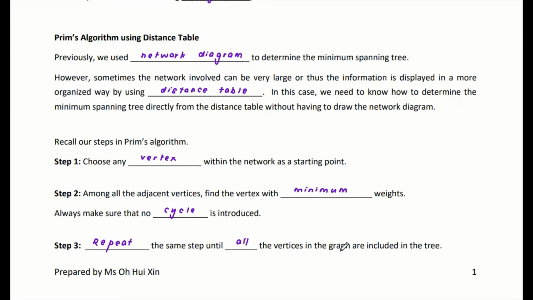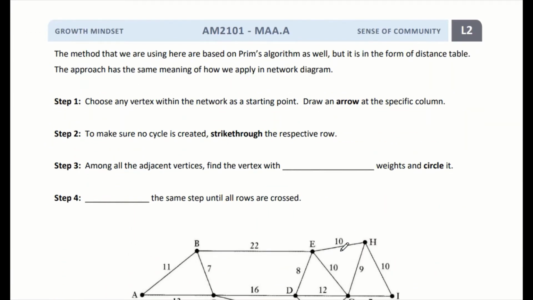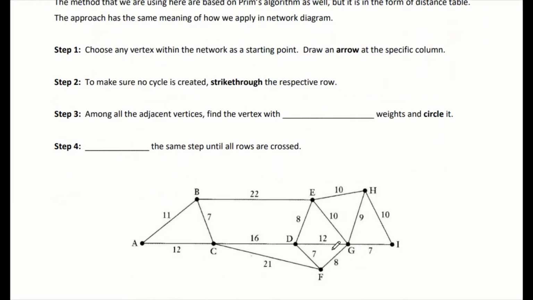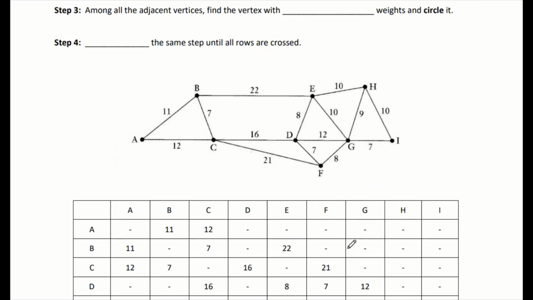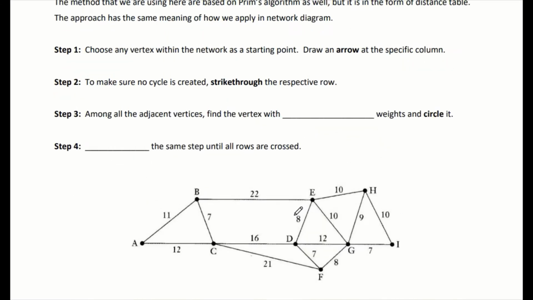So remember this routine, and when we talk about the distance table, the idea is just the same, but there are some more small steps you need to do when dealing with distance tables, to avoid something that is very obvious in the network diagram but kind of complicated when you are looking at a distance table.